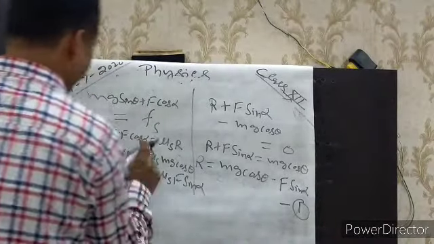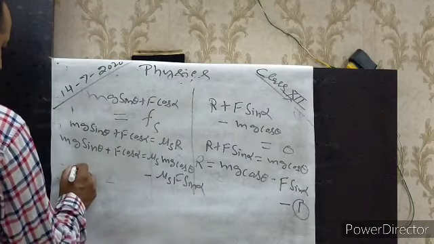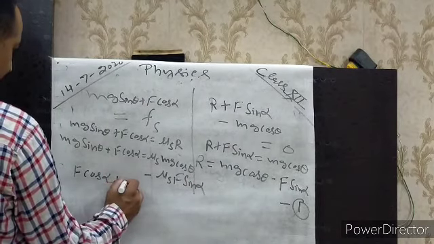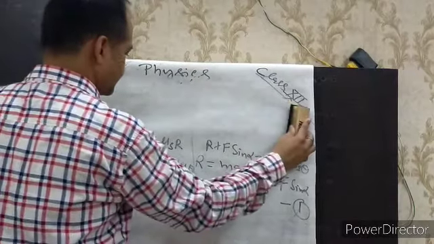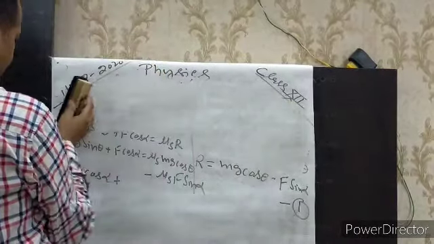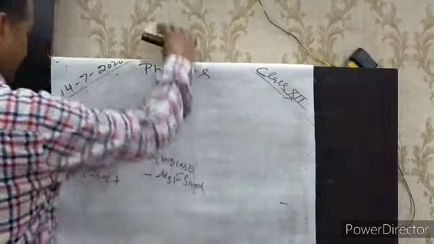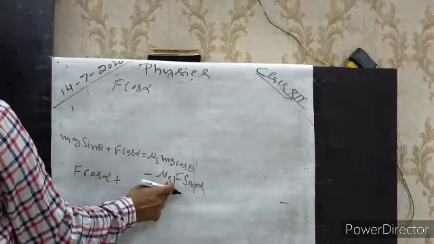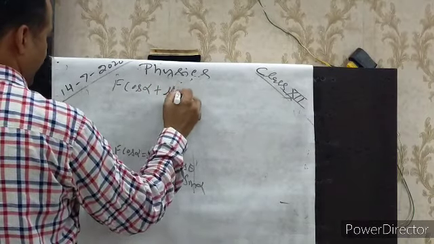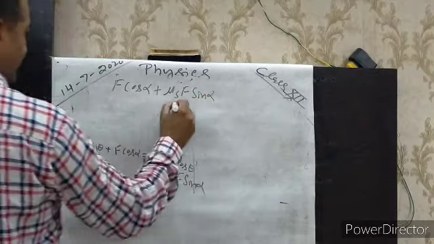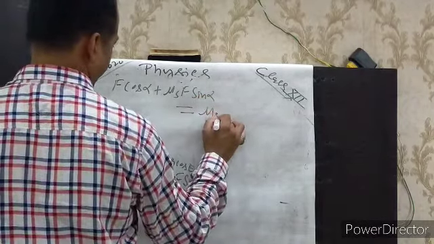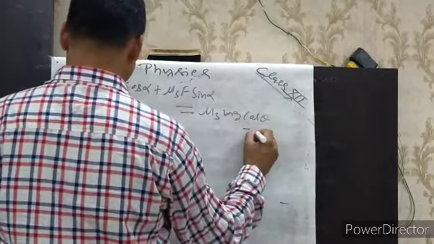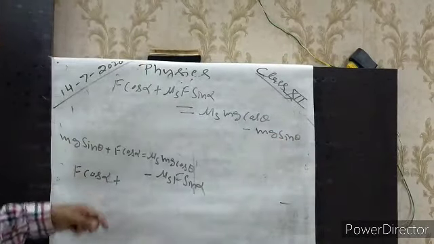Then from here we will take capital F on one side: F cos alpha plus mu s F sin alpha is equal to mu s mg cos theta minus mg sin theta. Clear?